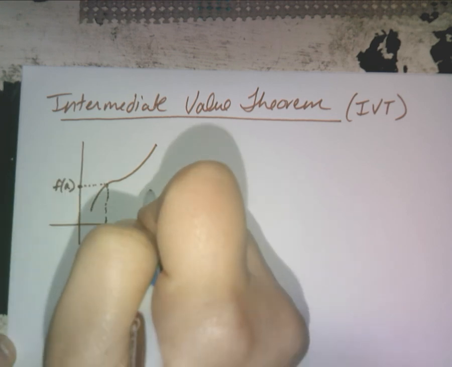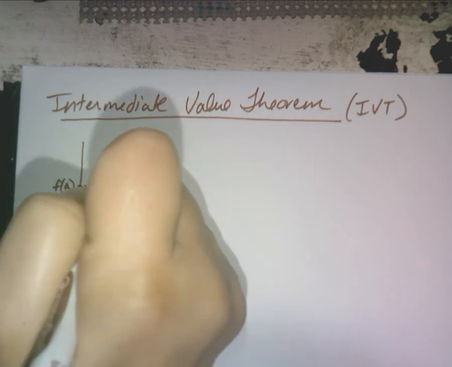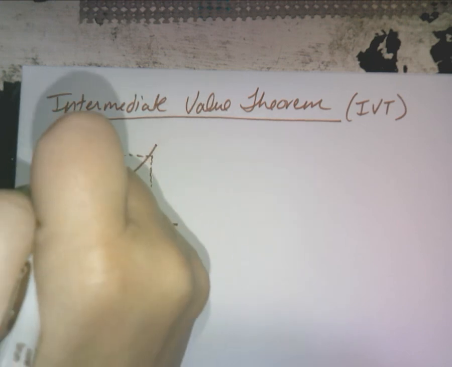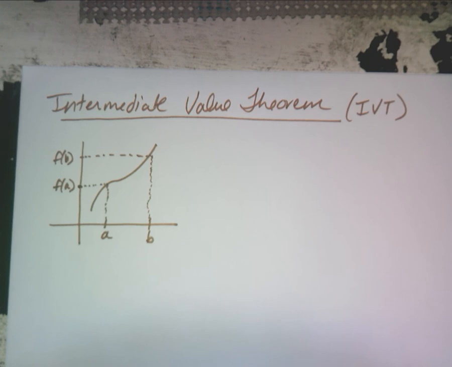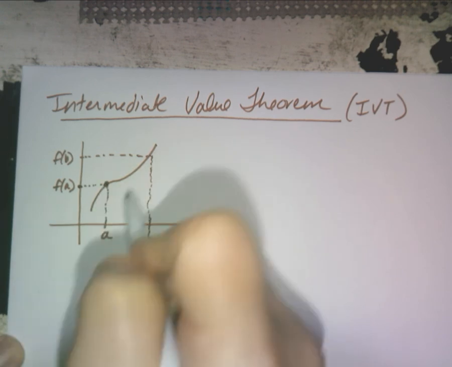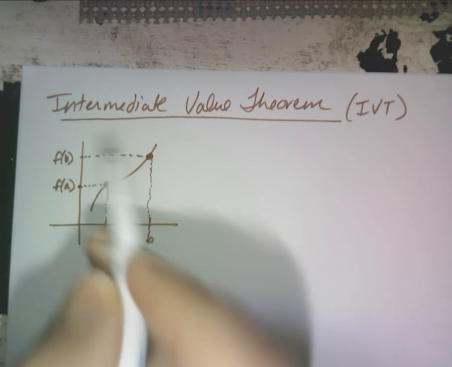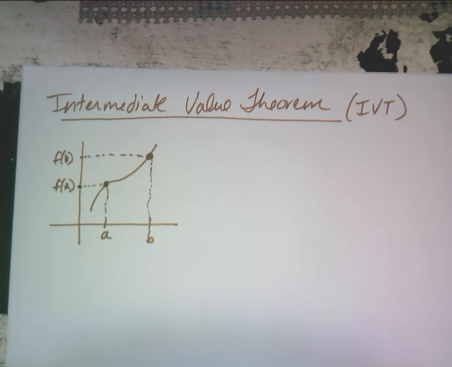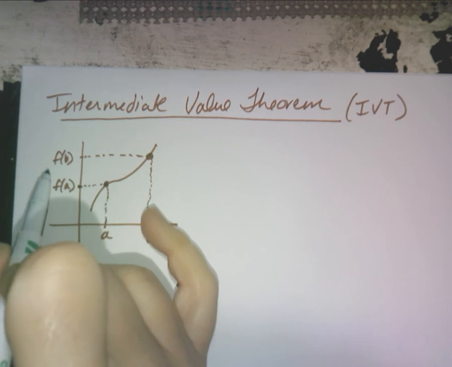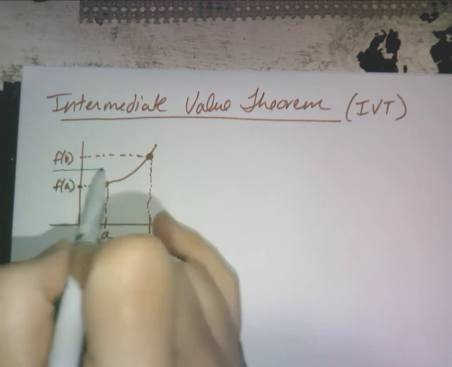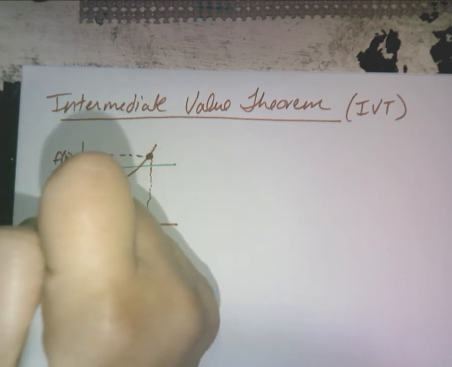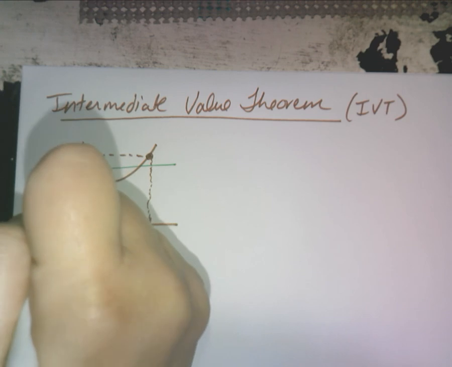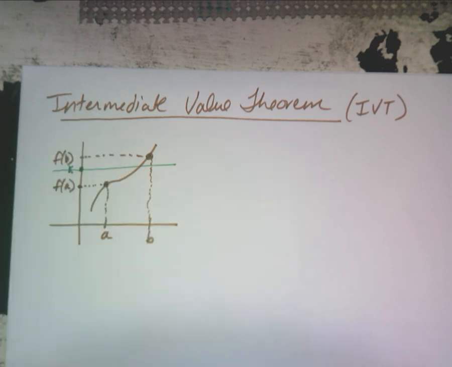And if I go up here and over here, this would be f of b. Does that make sense? You're in between some interval a and b. You have an f of a, you have an f of b. The intermediate value theorem says that if there's some line that goes across here, let's call that value right here k, okay?